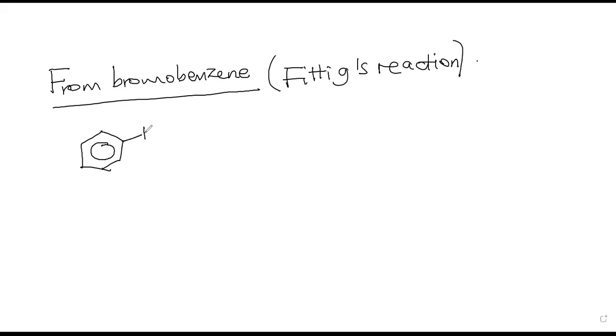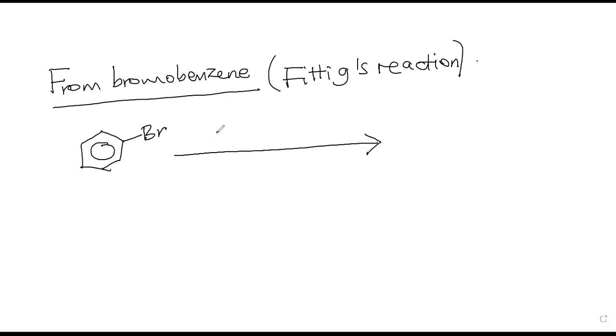Basically, you have your bromobenzene, and you can tell the source of bromobenzene. We can get bromobenzene by halogenation, whereby we treat benzene with bromine in the presence of a halogen carrier. So now, when we add sodium to a solution of bromobenzene in iodomethane and dry ether, or chloromethane and dry ether, you'll be getting your answer.